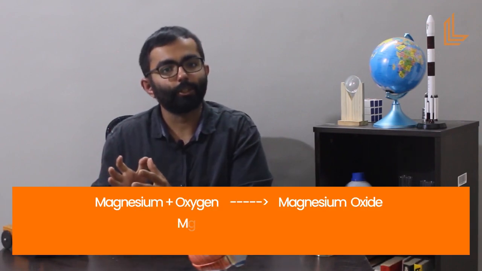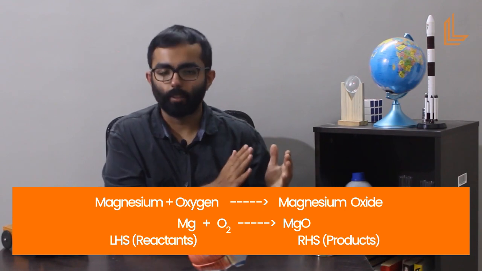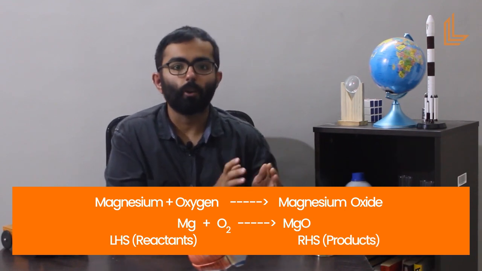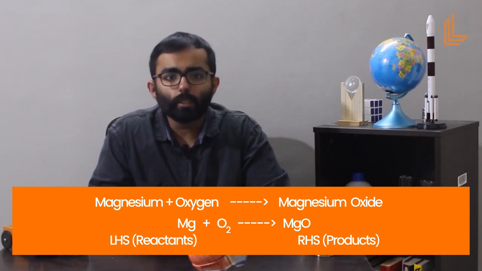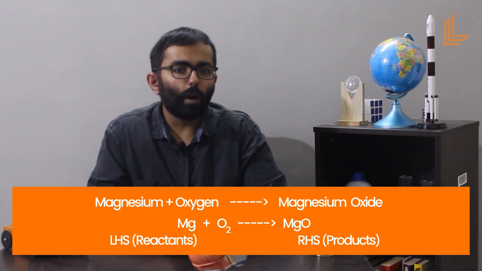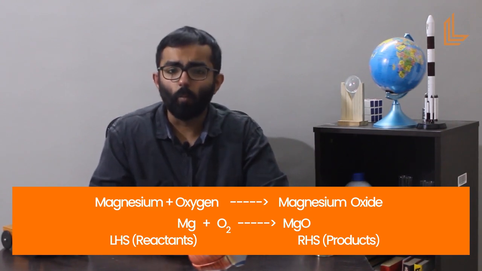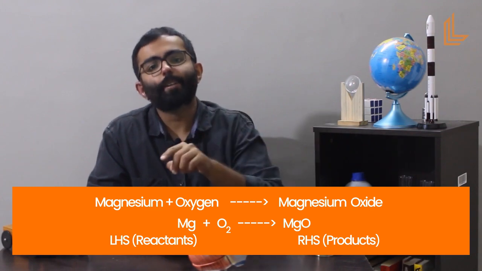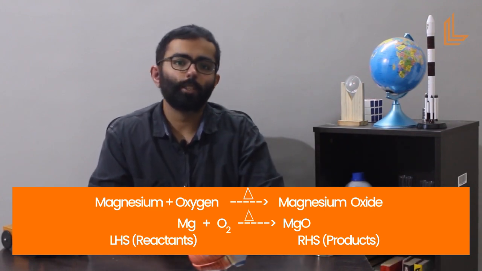So, the left hand side of the chemical reaction is called the reactants and the right hand side of the chemical reaction is called products. It's fairly simple, right? Now, since this reaction has taken place with the help of heat, above the arrow, we'll simply represent heat with the form of a triangle. This basically represents that this reaction took place in the presence of heat.